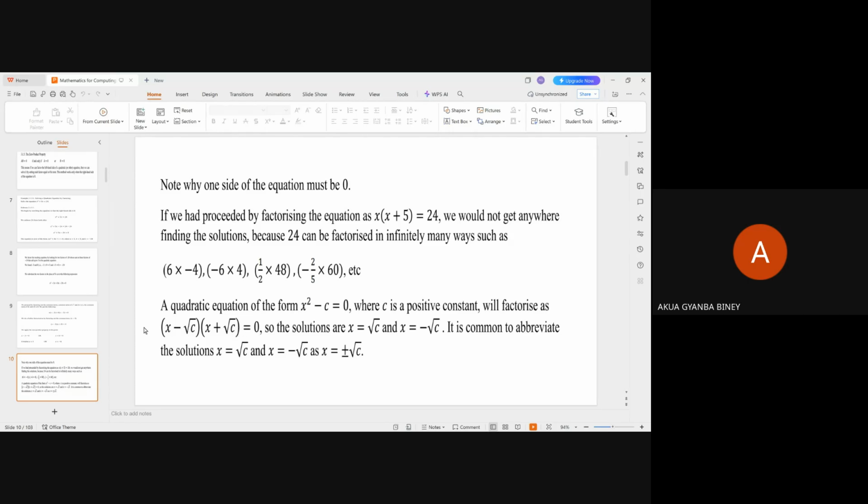The aim is to get two terms like this and equate each of them to 0. In this case, x minus square root of c, like what we did with the minus 3, this is what we get. Then equating this also to 0, we get this.